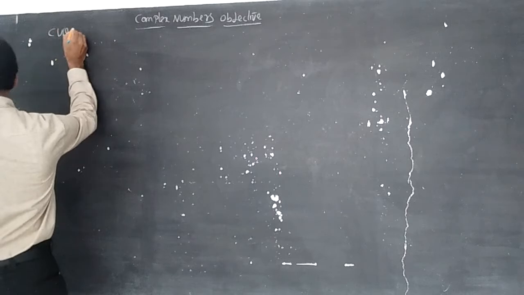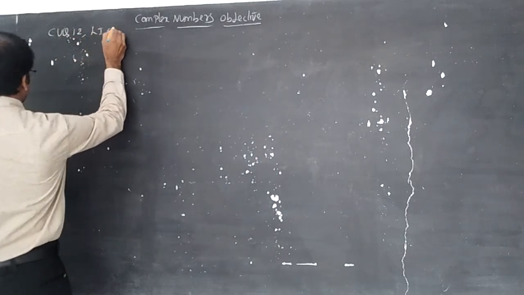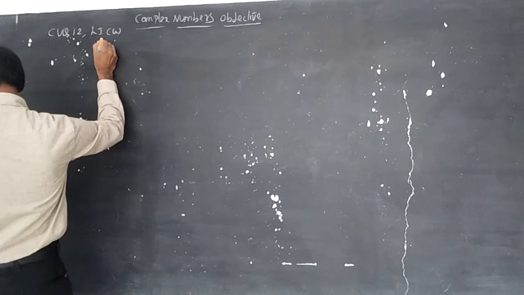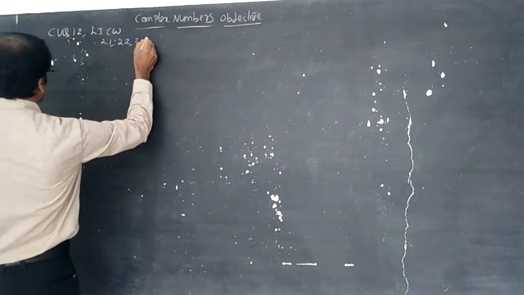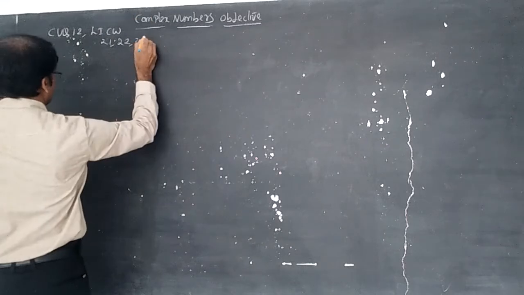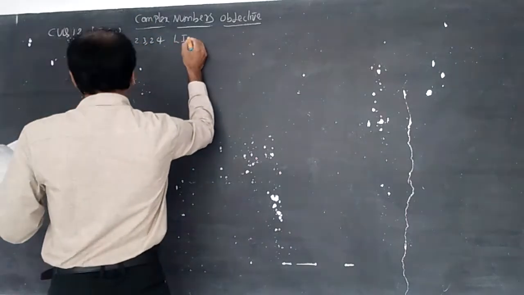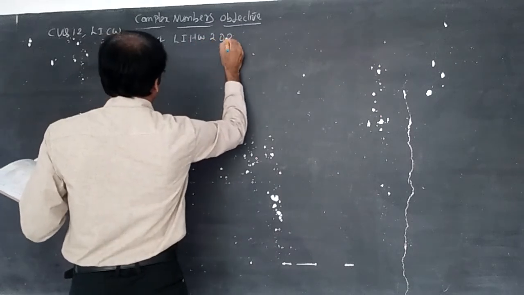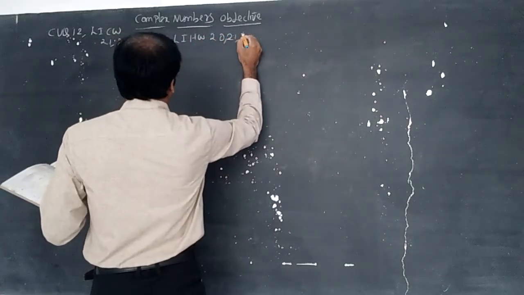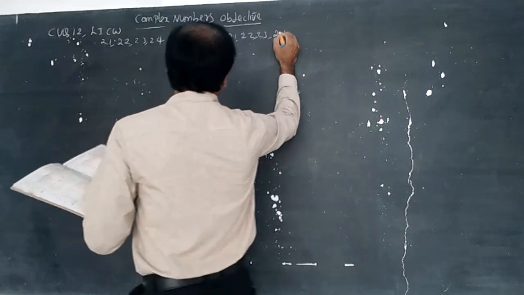CUQ 12th question, level 1 classwork 21, 22, 23, 24. And level 1 homework 20, 21, 22, 23, 24, 25.